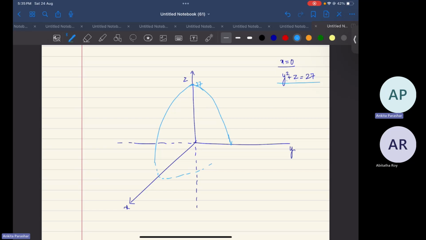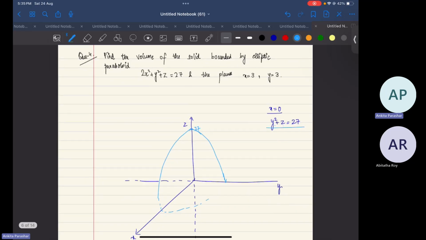If I project this into the xy plane, what exactly will the figure be? Since it is called an elliptic paraboloid, it should be known how it looks at the base. The base has to be either a circle or an ellipse. And it's written that it is elliptic, so that would mean the lower base is not a circle, it's an ellipse.